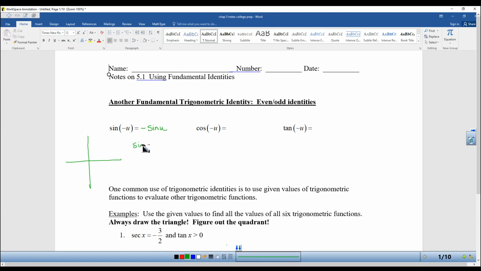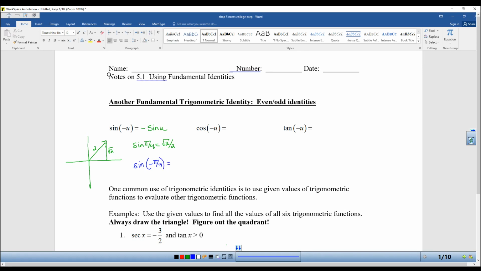Let's say that you had sine of pi fourths. Hopefully you know from looking on your chart or because you have it memorized that it's the square root of 2 over 2. Remember, that means it's the ratio of the opposite to the hypotenuse. Now, let's say I wanted to know sine of negative pi fourths.